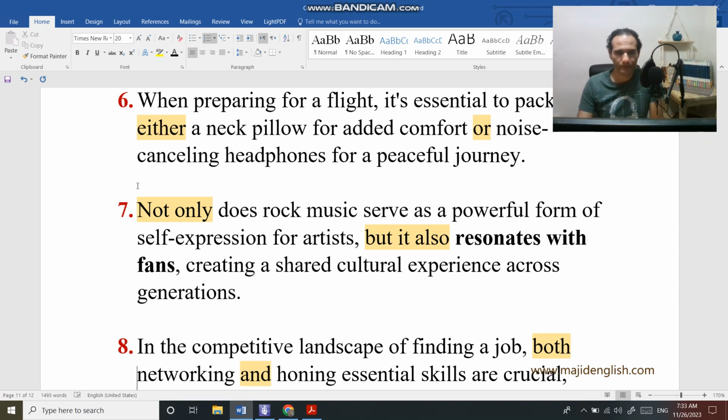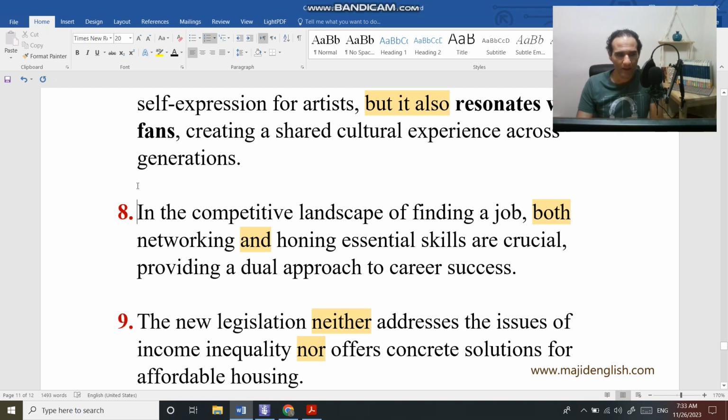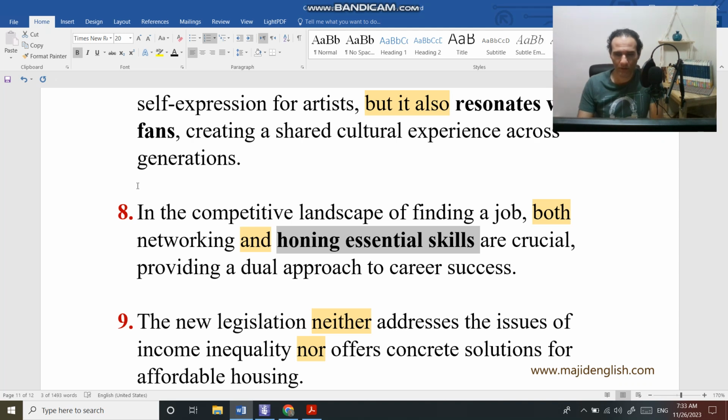Okay? Number 8: In the competitive landscape of finding a job, both networking and honing essential skills, meaning developing your skills, are crucial, providing a dual approach to career success.